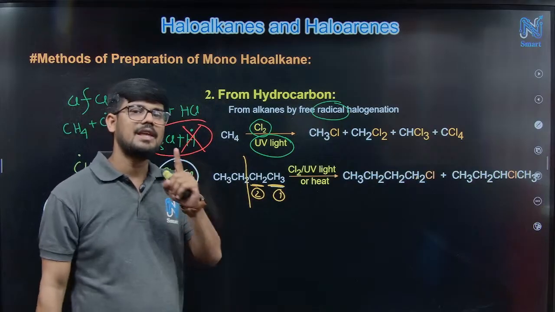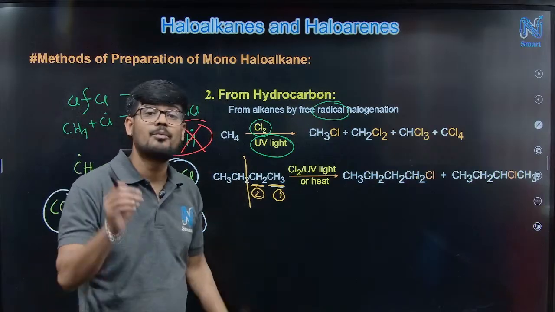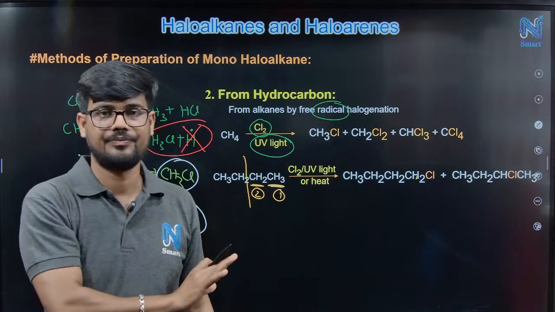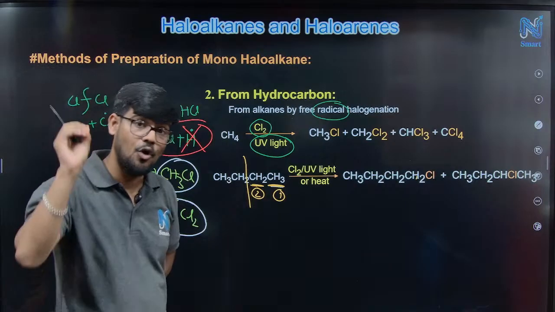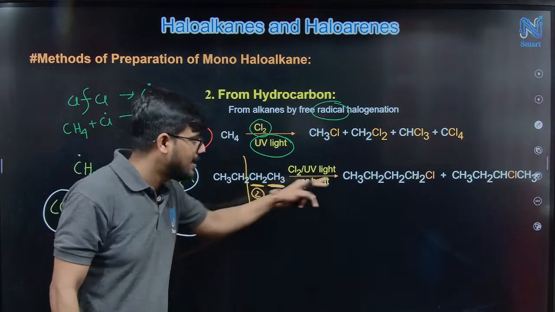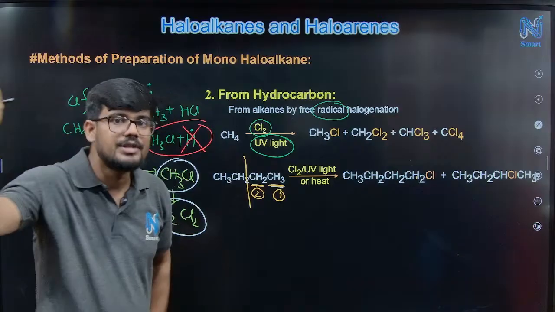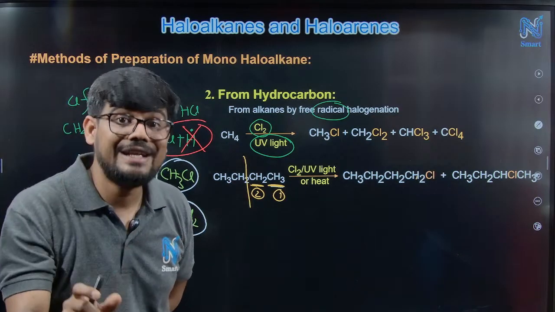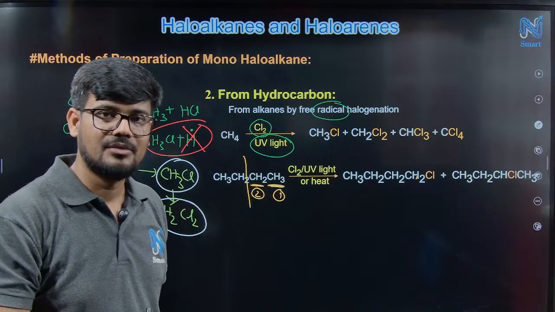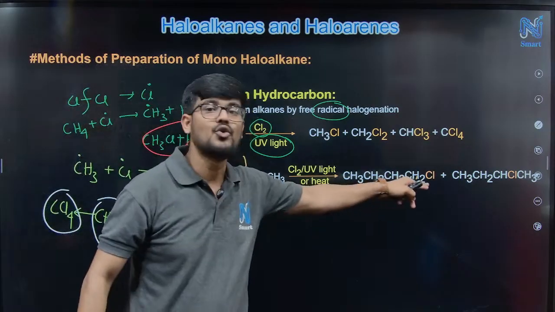So if I ask you how many types of monochlorinated product, listen to this question. Listen carefully, this question is very important. The question is given like this: how many monochlorinated products will you get? What will be the answer? 2.